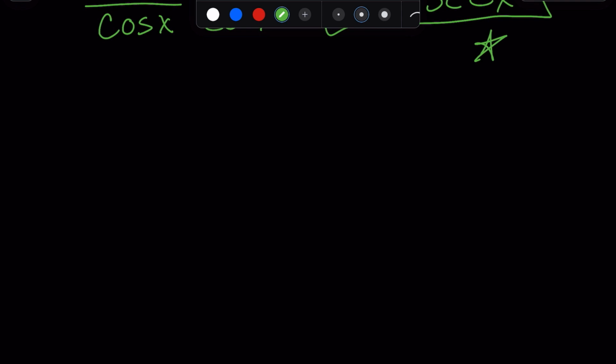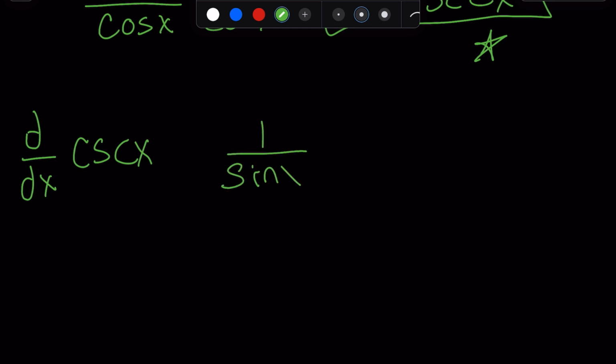And the last one we have will be cosecant. So again, let's go ahead and change this in terms of sines and cosines. So this will be 1 over sine of x, which we can rewrite as sine of x to the negative 1.